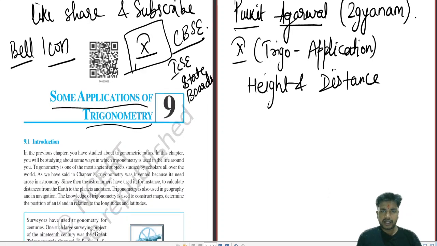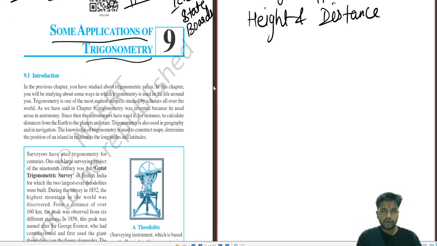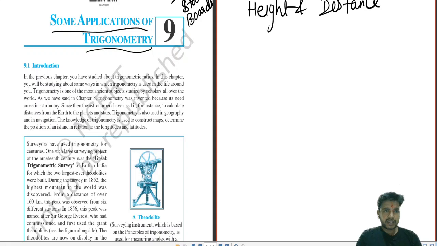The reading of the curriculum will be done by you. Over here it is written that in the previous chapter you have studied trigonometric ratios. In this chapter we will be studying some ways in which trigonometry is used in the life around you. Trigonometry is one of the ancient subjects studied by scholars all over the world. As we have seen in chapter 8, trigonometry was invented because its need arose in astronomy.